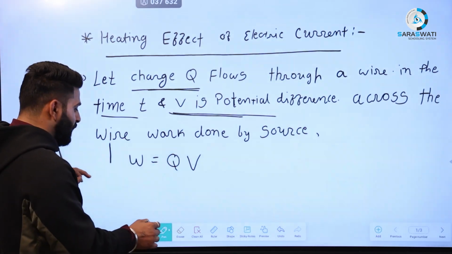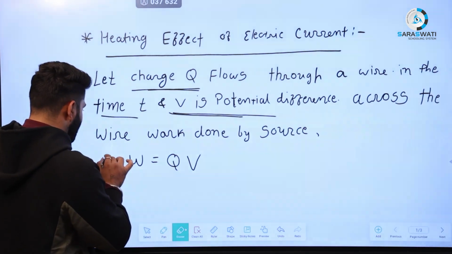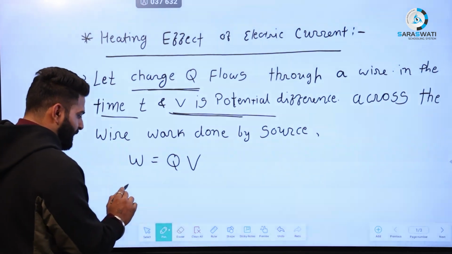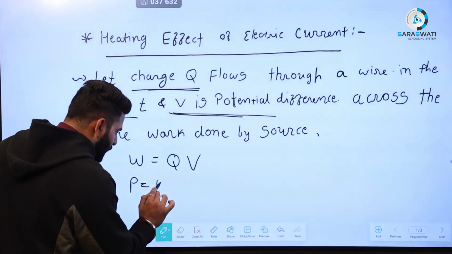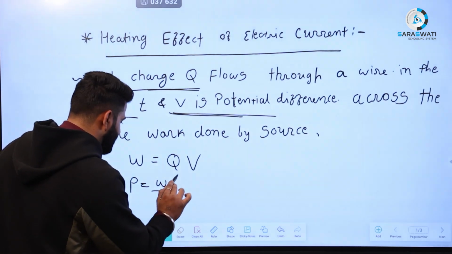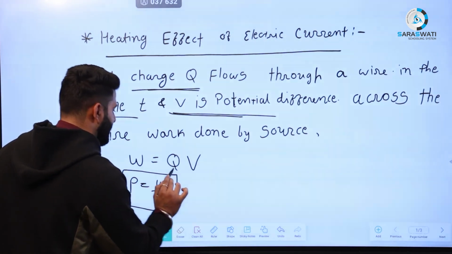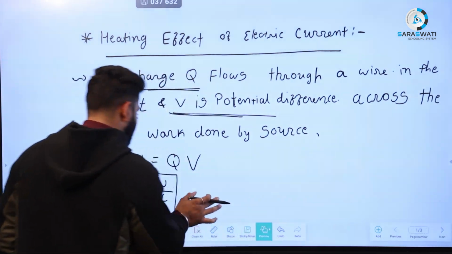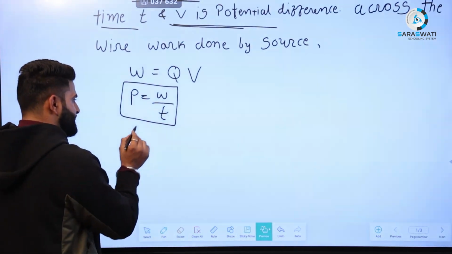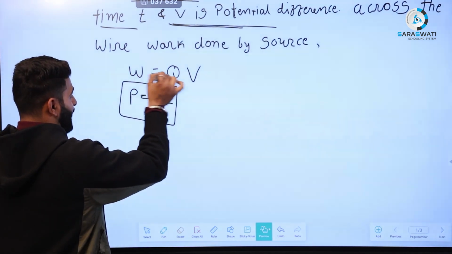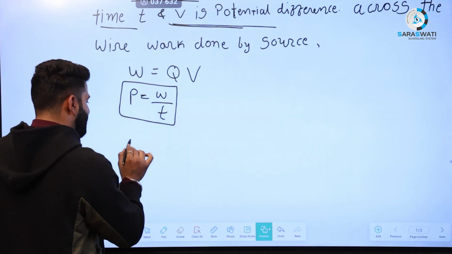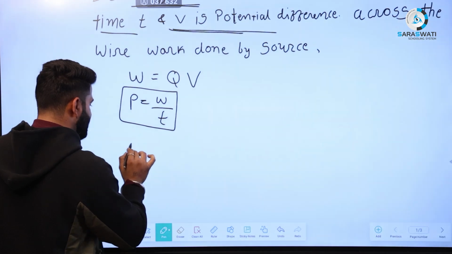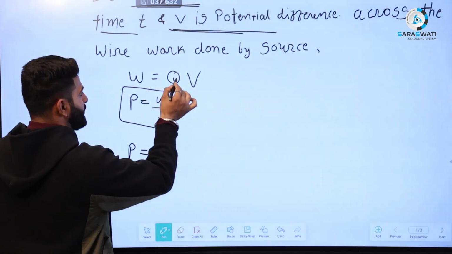After that, you know very well, you have learned that power is equal to work upon time. This formula you learned in standard 9. After that, just apply this work, Q into V, in the power formula. The power P is equal to W upon t, which is Q into V upon t.